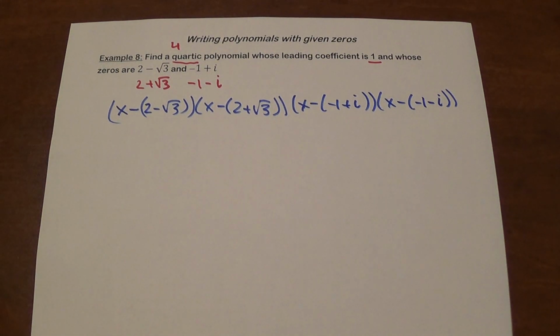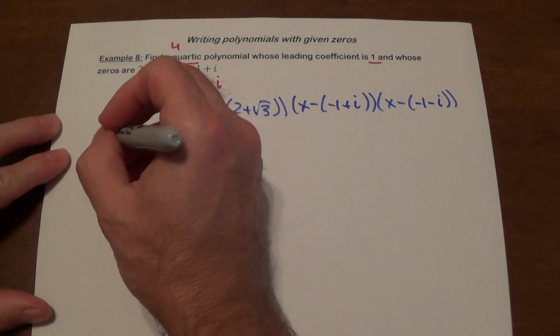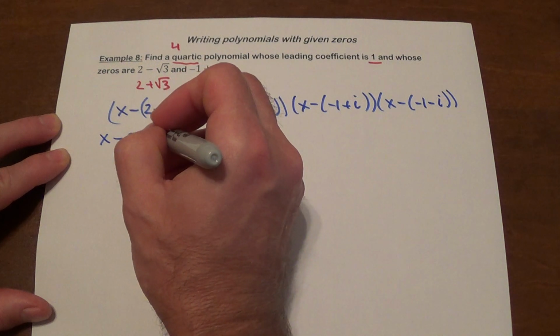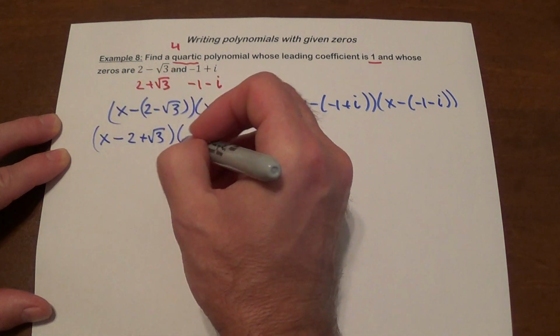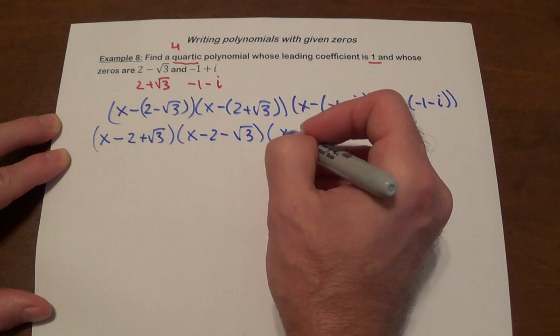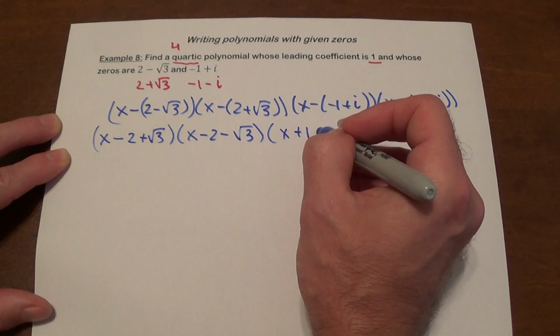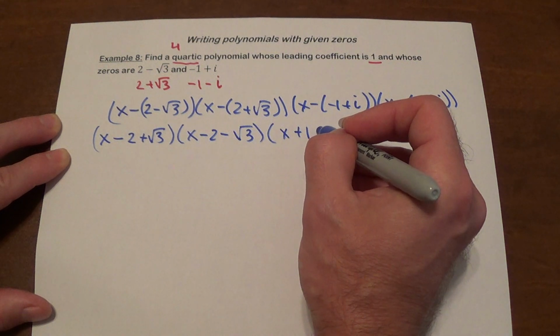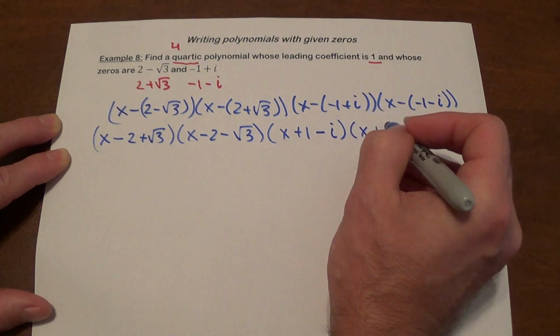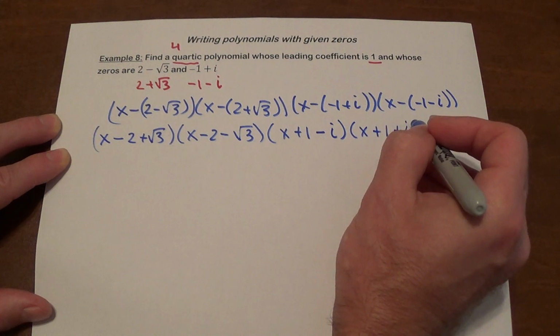And we are going to use the same trick that I showed you, but we're going to have to use it twice. So first of all, let's get rid of the interior parentheses. So x minus 2 plus square root of 3, x minus 2 minus square root of 3, x plus 1 minus i, and then x plus 1 plus i.